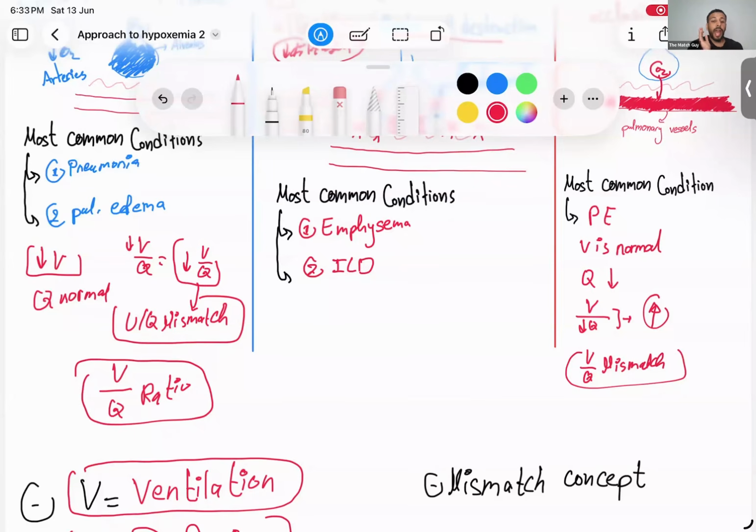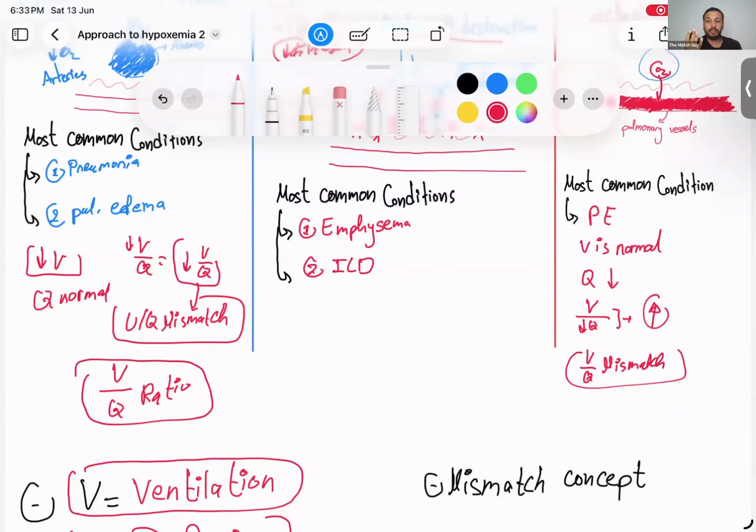Any deviation of the VQ, whether it's decreased or increased, leads to the terminology that we use for it, VQ mismatch. That's why in some questions you're going to see a patient with pneumonia and they tell you that the patient is having VQ mismatch, and that would be the answer. In another question, you see a patient with pulmonary embolism and they tell you this is VQ mismatch, and you're going to be confused.